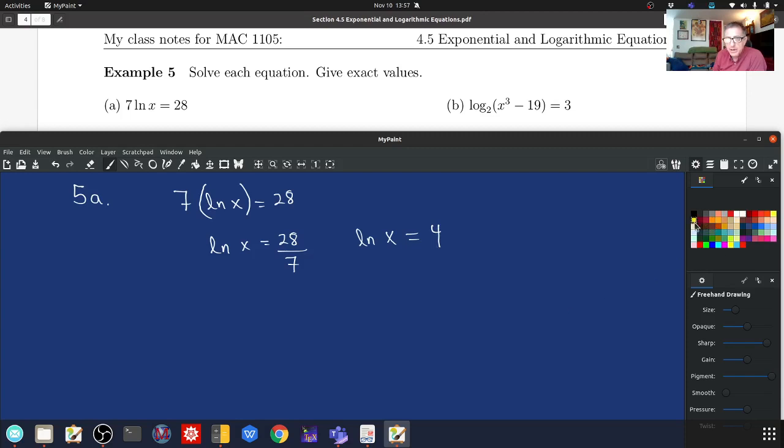And here, I think there are 2 ways to proceed. You just remember that the natural log of x is another way of saying log to the base e of x is equal to 4. So by the very definition of the log function, that means e raised to the 4th power is equal to x.